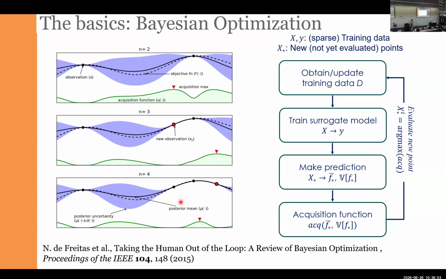So this is how the Bayesian optimization works in general.